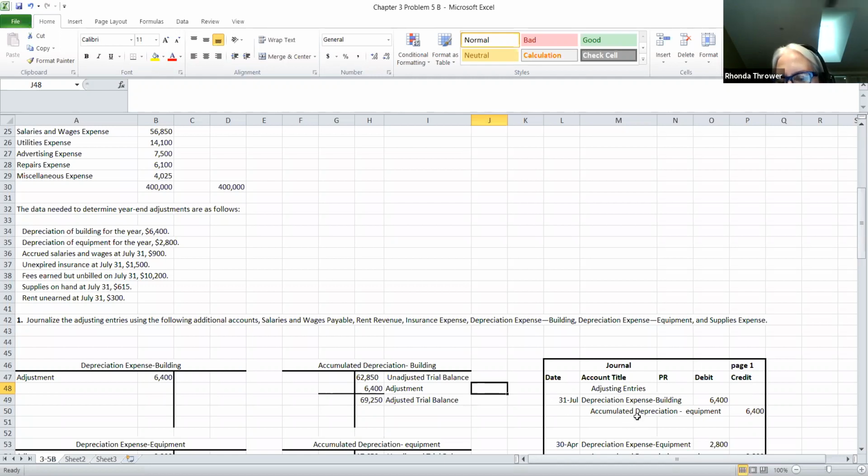Remember, once we have the entries journalized, we will copy into our ledger account this adjusting entry. So these T accounts can also represent your ledger accounts. They're not formal ledger accounts.